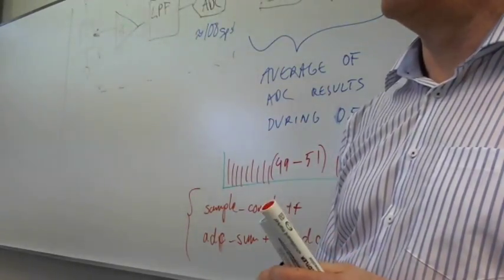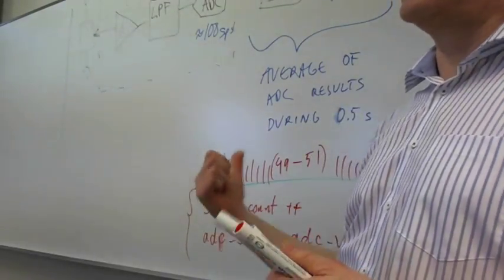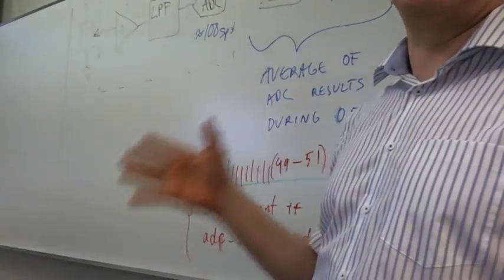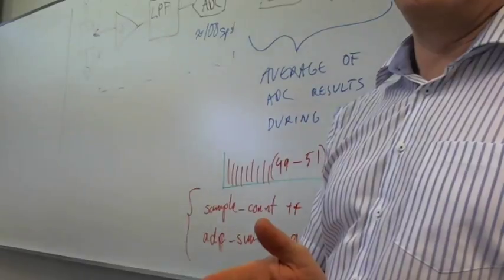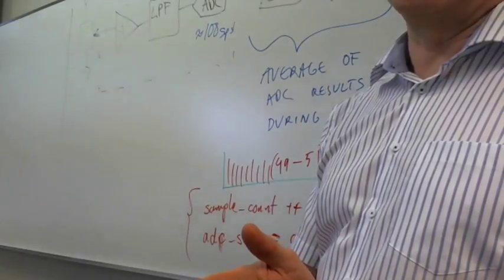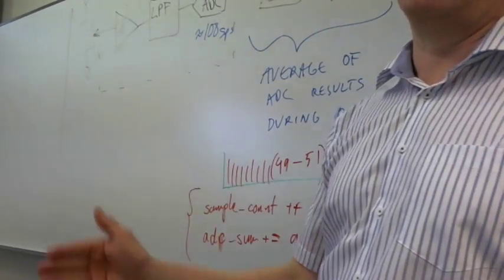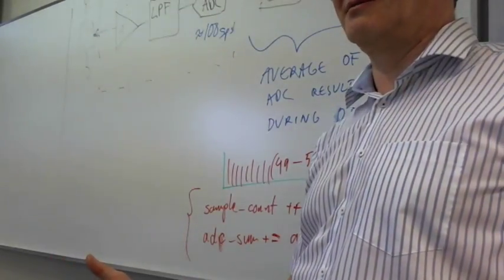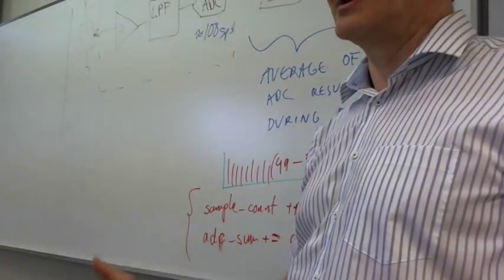Right. 64 is 6 bits. So you need at least 6 bits extra compared to the A to D conversion value to avoid the overflow. So basically 16 bits in this case, and if you use a 2-byte integer, you can have 10 bits for the A to D conversion. Not more than 10 bits.